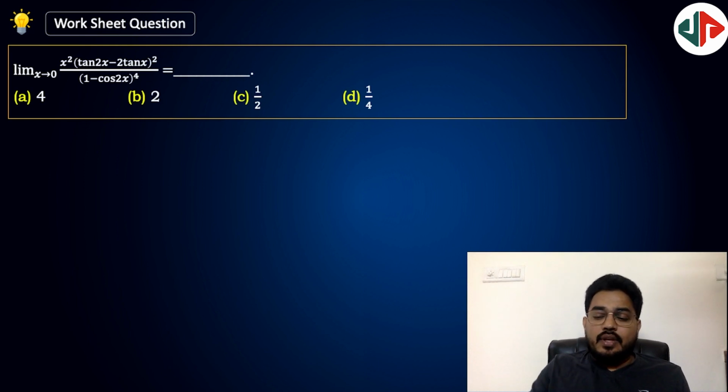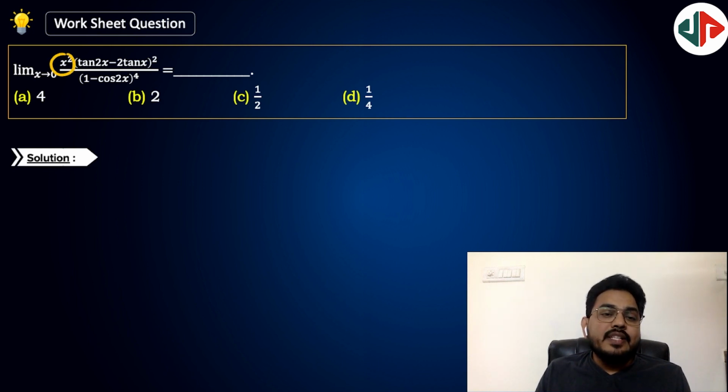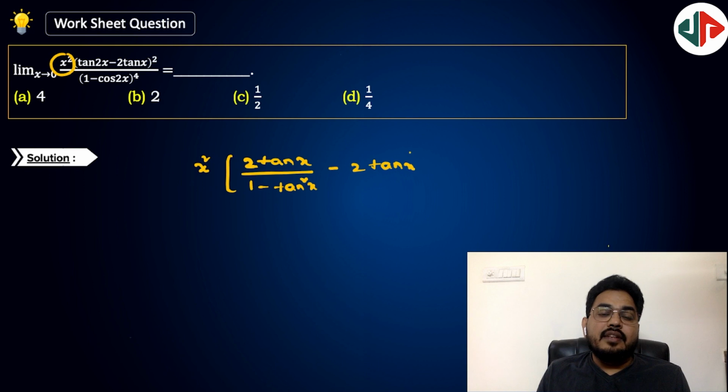Okay. So here what happened? Here x square is given, tan 2x minus tan x. So what is this one? It is x square into tan 2x. You can write it as 2 tan x by 1 minus tan square x, minus 2 tan x whole square, by 1 minus cos 2x, which is 2 sin square x, whole to the power of 4.